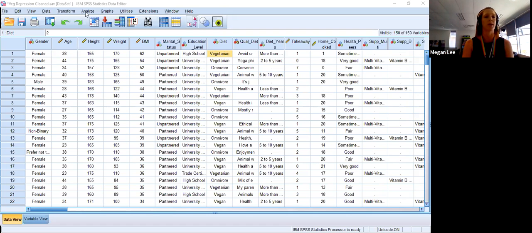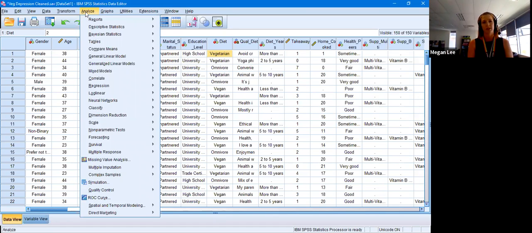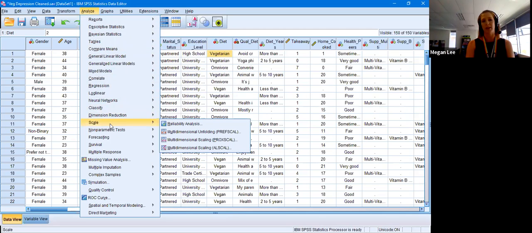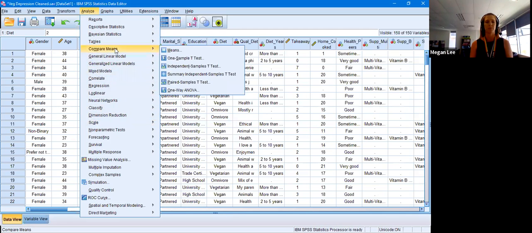Now we're going to have a look between groups. So the first thing we're going to do is look at our continuous variables between vegetarians, vegans, and omnivores. To do that, we need to look at the differences in the means. So we need to compare the mean difference between the groups.